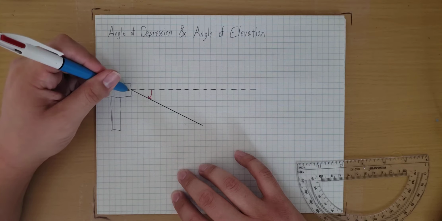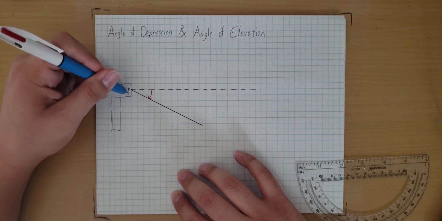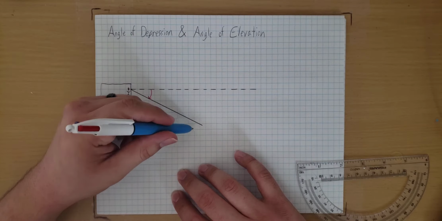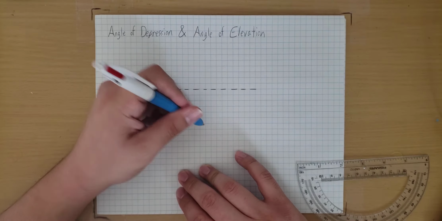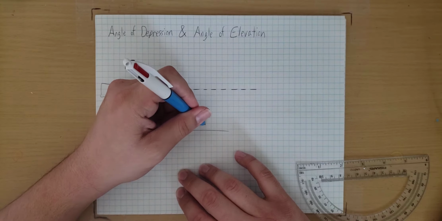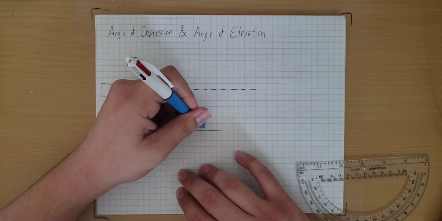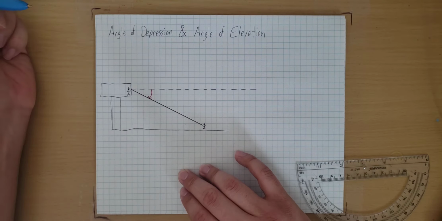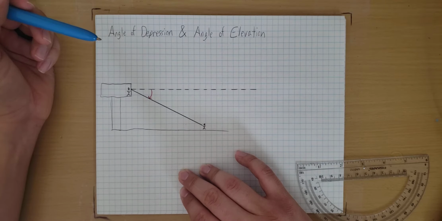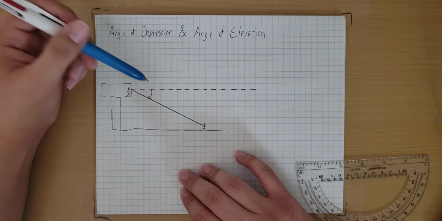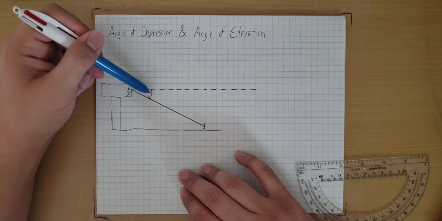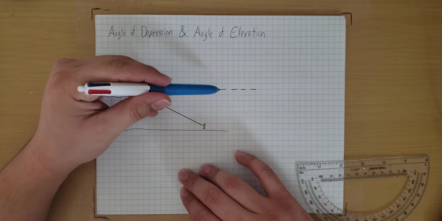If you're standing right here and you're looking down at, say, another person, this is the street. If you're up here and you're looking down at somebody that's on the ground, well, then your line of sight creates an angle of depression with the horizontal.